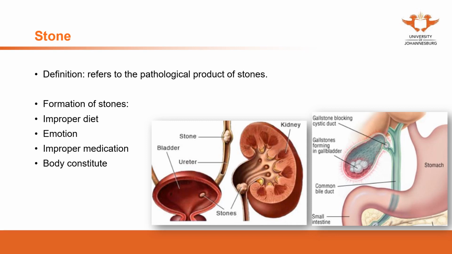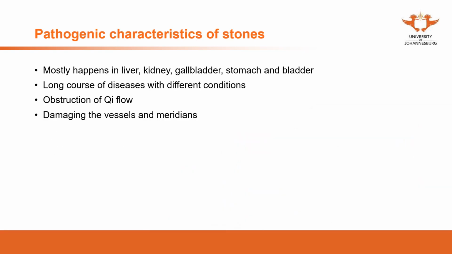Body constitution: some body constitutions are more likely to have stones. And stones mostly happen in the liver, kidney, gallbladder, stomach, and bladder.